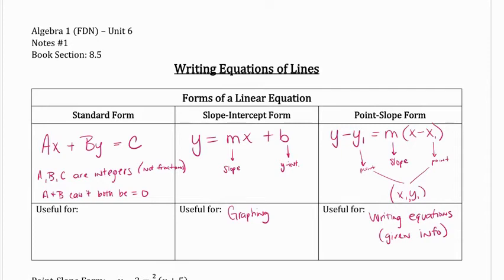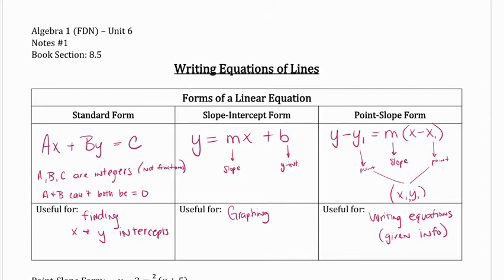This was one of the ways we use to decide if something is a linear equation, if we can put it in that form, right? Standard form is useful for finding x and y intercepts. We did that some in the last unit. So for what we know so far, standard form is very helpful for finding x and y intercepts. And it's also useful for being able to tell if it's a linear equation.